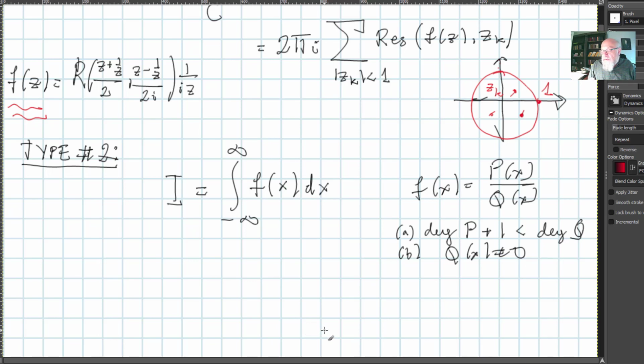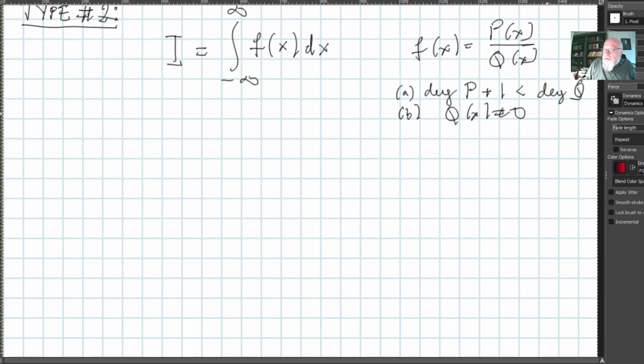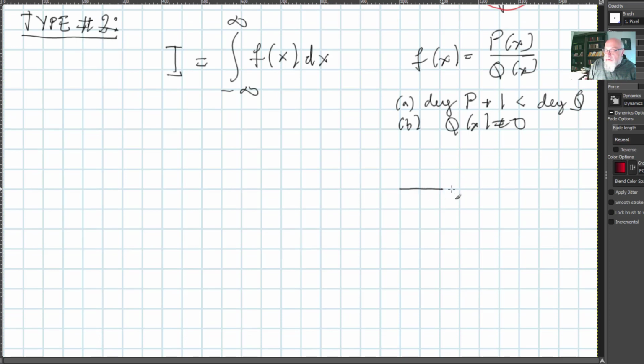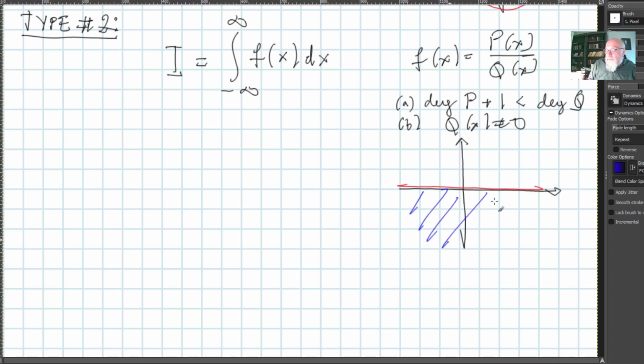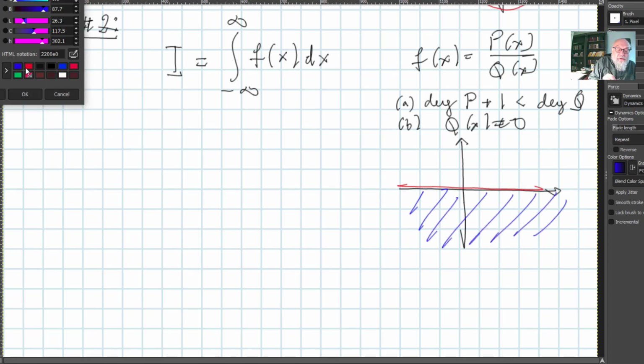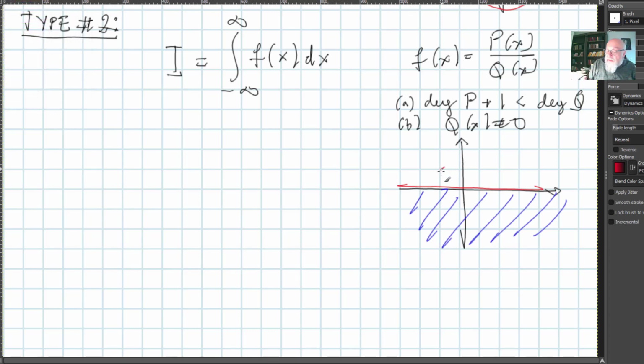So all the singularities have to be either in the upper plane or lower. Let me make a picture. We have here the real axis and the imaginary axis, and we are looking at the portion above. Let me remove the lower part; we ignore that part, and we only look for the singularities in the upper plane.